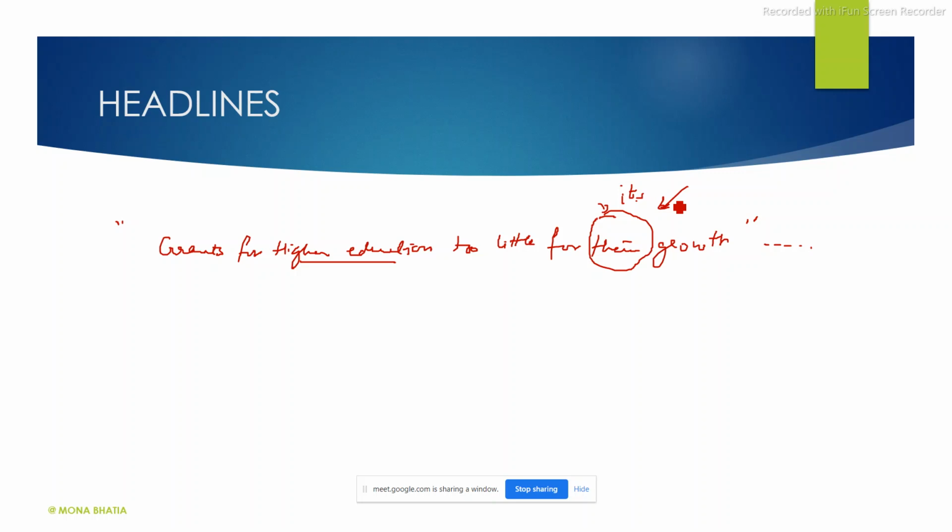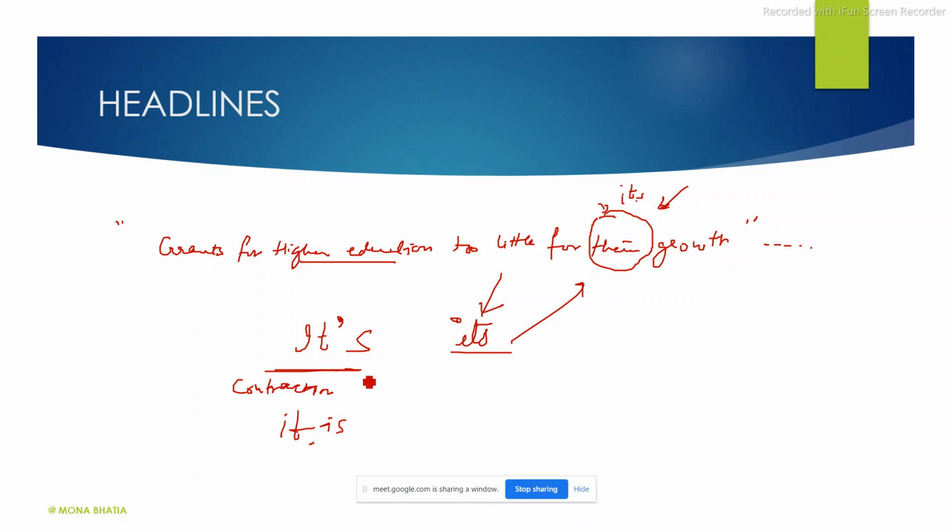Ma'am, is it without apostrophe or with apostrophe? Apostrophe नहीं है बेटा. Very good question. So it should be for its growth, because it's means a contraction of it is, okay, and its means possessive, for its growth.